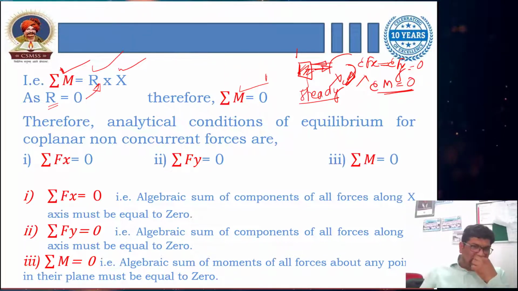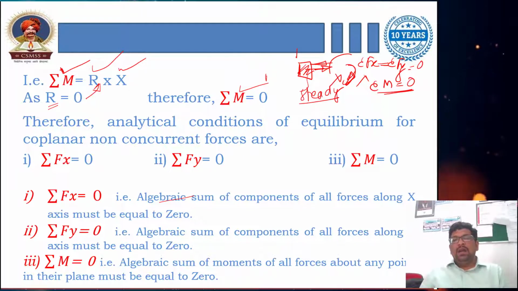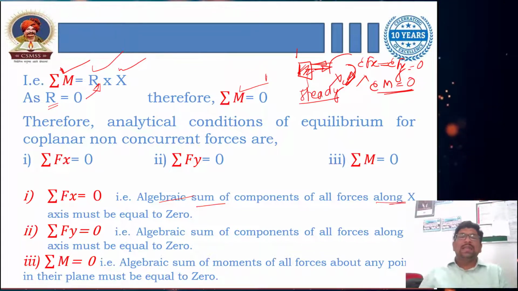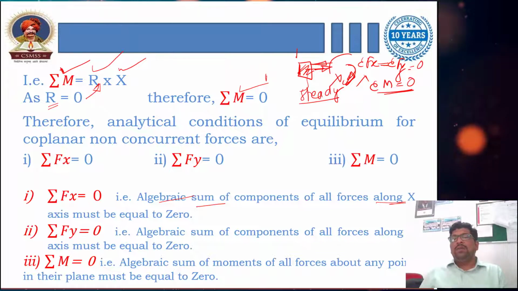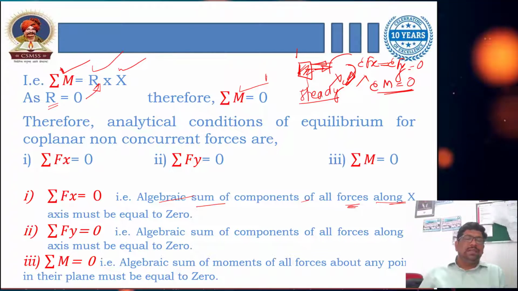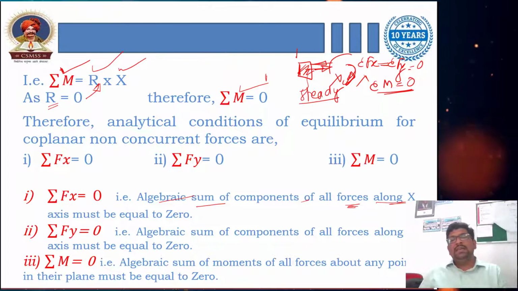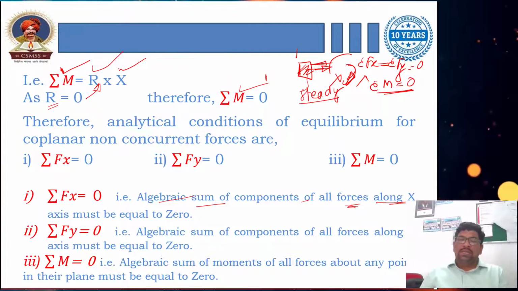The summation Fx is nothing but the algebraic sum of the components of all forces along the x-axis, which should be equal to 0. Then summation Fy is the algebraic sum of the components of all forces along the y-axis, which again should be equal to 0.